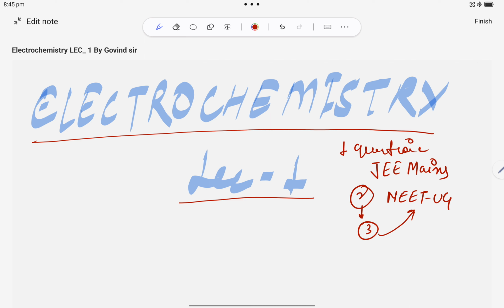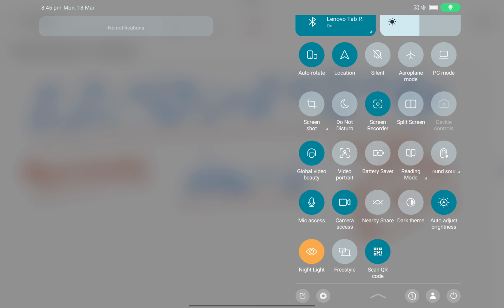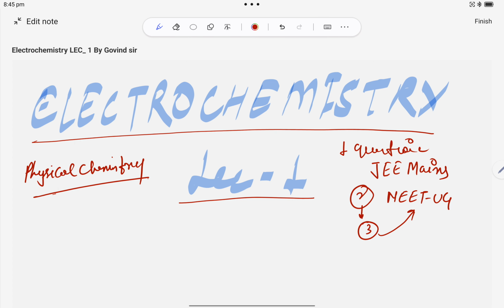It is a part of physical chemistry, children, and we are going to discuss this topic today. So this is the concept of the chapter: physical chemistry, one question in the Mains exam, 2 to 3 questions in the NEET exam.